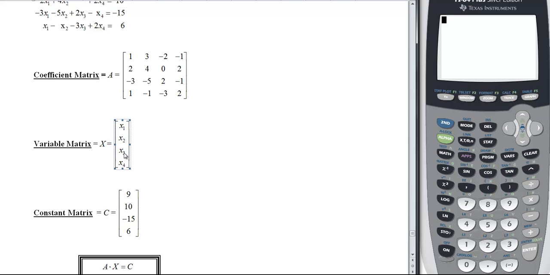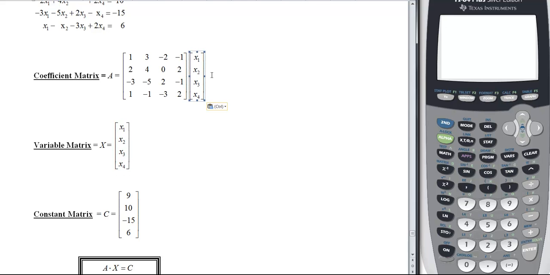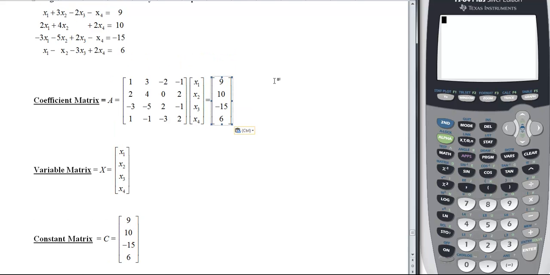I'm going to copy this up here as if I was going to multiply it. Now, if I multiply this first row times first column, it's going to give me the first row, first column element. I'm going to have 1 times x sub 1 plus 3 times x sub 2 minus 2 times x sub 3 minus 1 times x sub 4 equals 9.